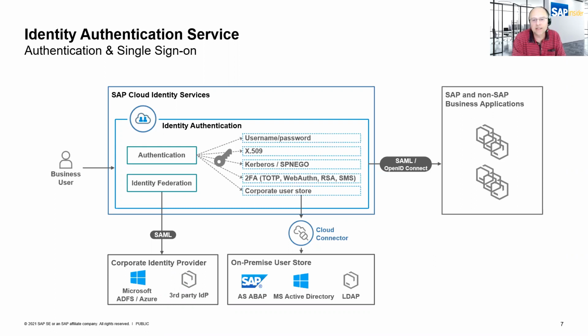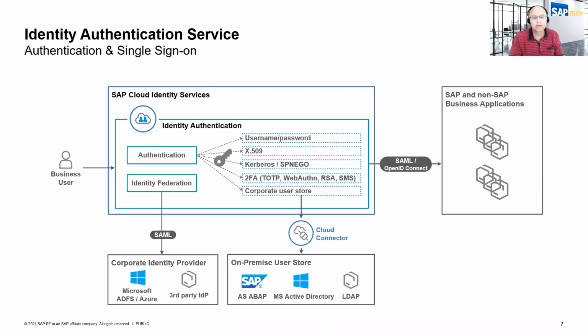We do support RSA or SMS as an option to establish that on top. It requires an additional license for the SMS sending functionality. It is also possible to establish an authentication screen coming from IES to let the credentials be validated in a corporate user store with a secure connection via the cloud connector to an on-premise user store.